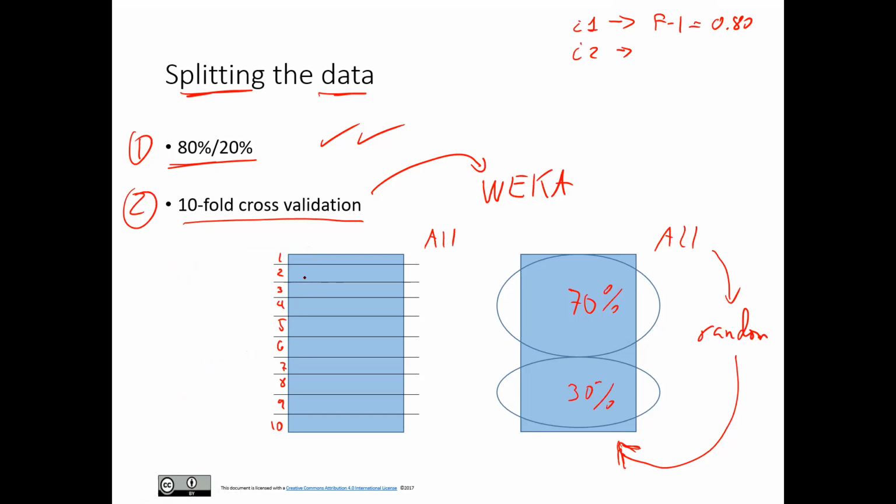In iteration 2, you're going to leave this one out, bin 2, and now you're going to use these 9 bins as train, and this one you leave out as test. So you can see now you always hold out one bin that the training phase does not look at to train the model.